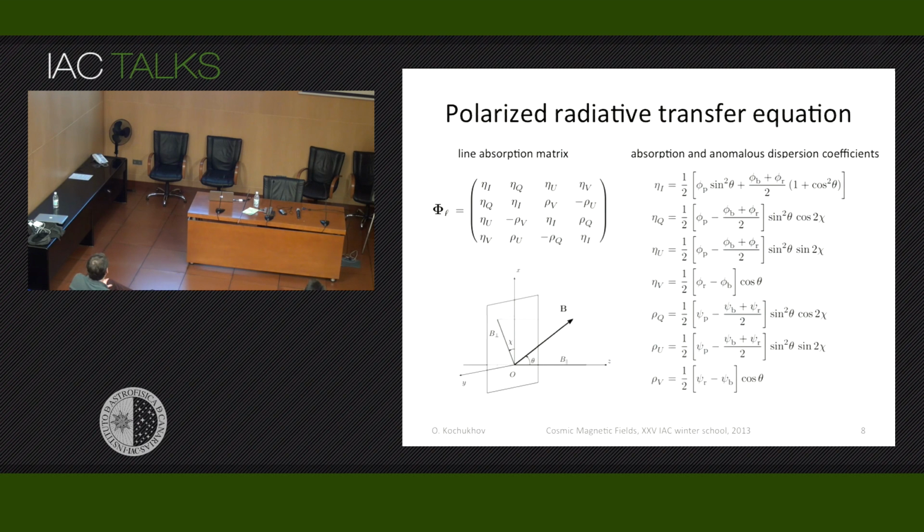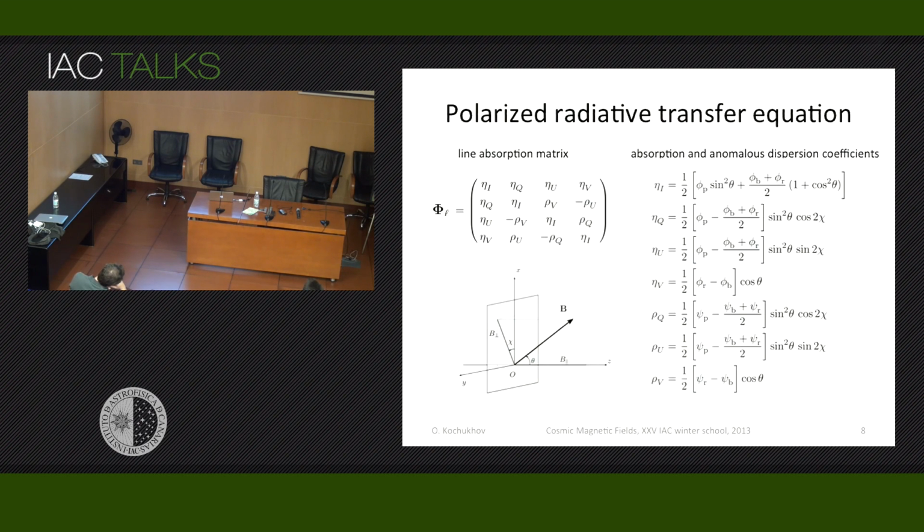So what is entering here are the quantities phi and psi, and these quantities correspond to absorption and anomalous dispersion in individual Zeeman components. But all information about the magnetic field orientation is actually encoded in these trigonometric functions that you see here. So phi and psi will depend only on the magnitude of the field, on the field modulus, whereas field orientation is encoded only here.